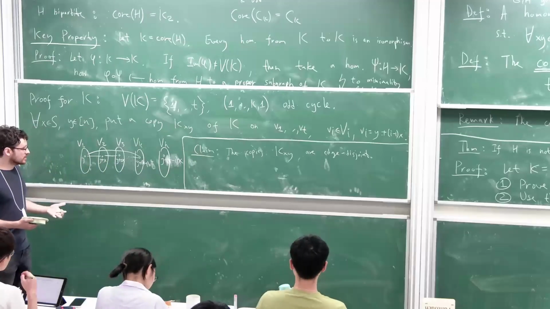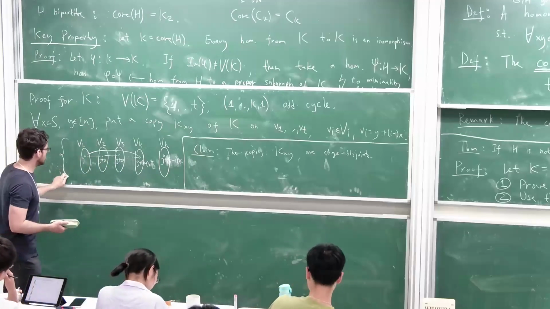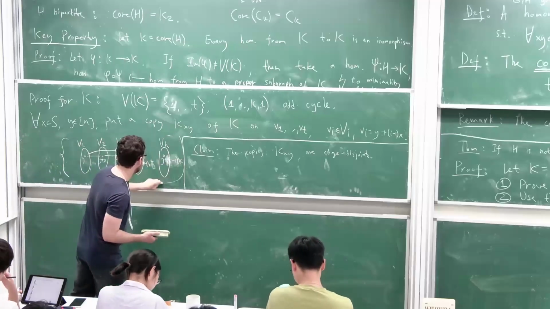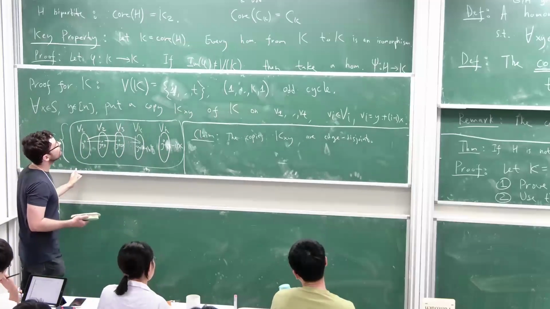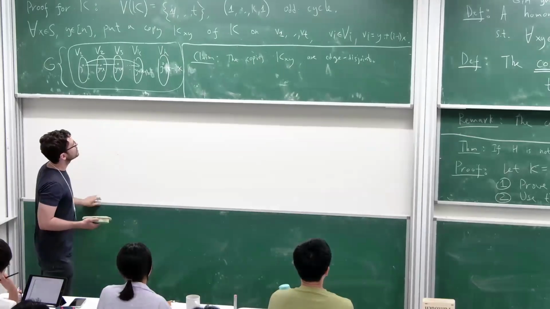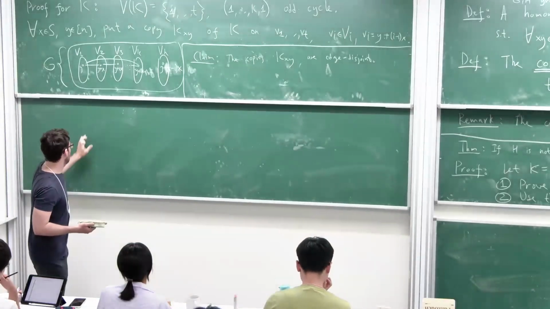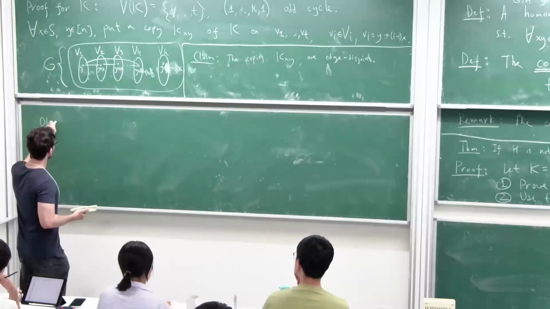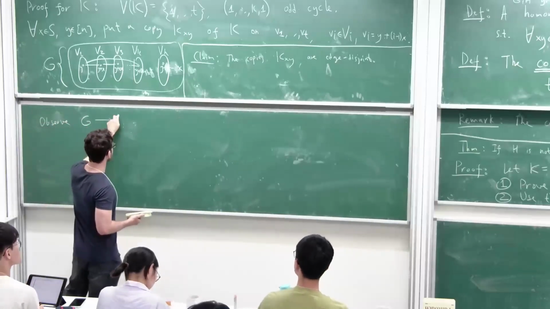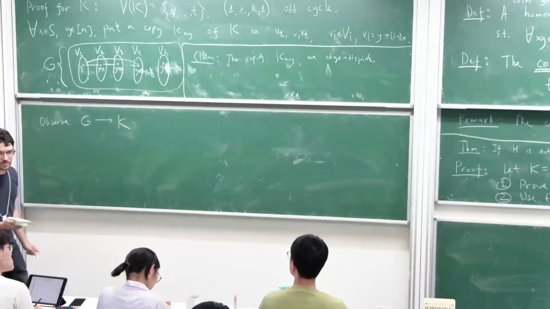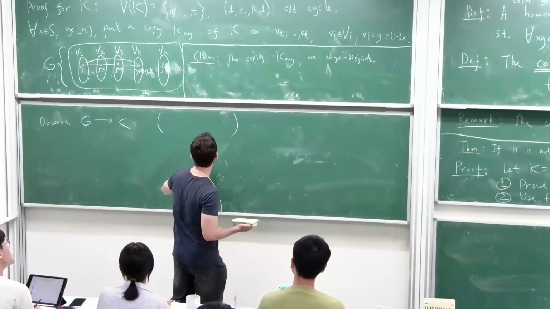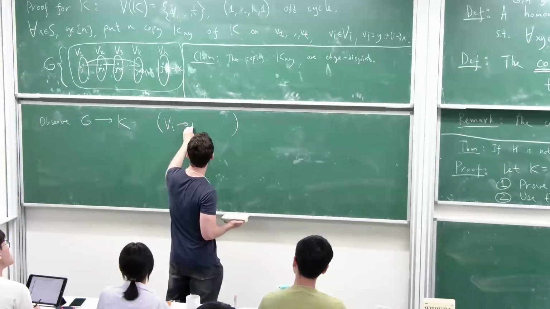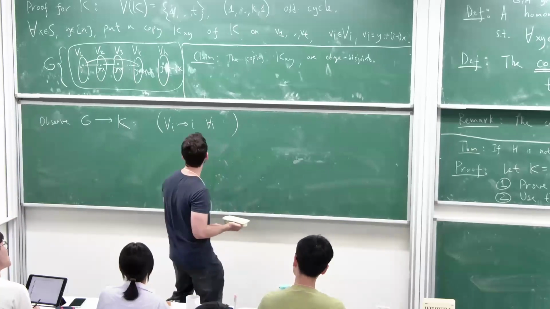Now here is the key thing to observe. If I denote this graph by G, then G is homomorphic to K. Can someone tell me why G is homomorphic to K? Yes, the homomorphism just maps i to i. So this is the homomorphism.